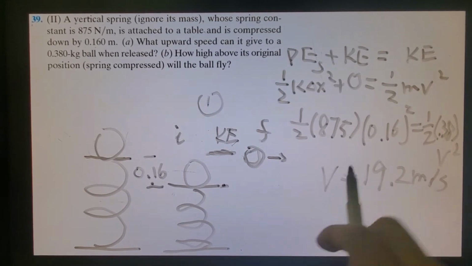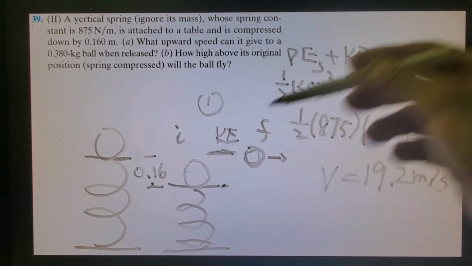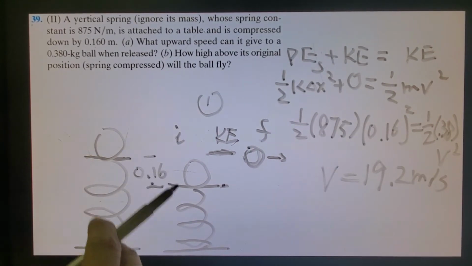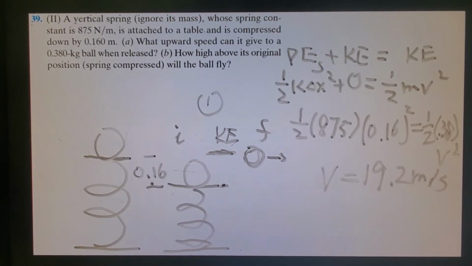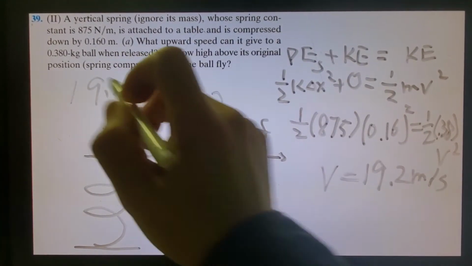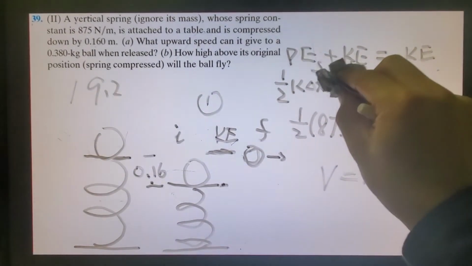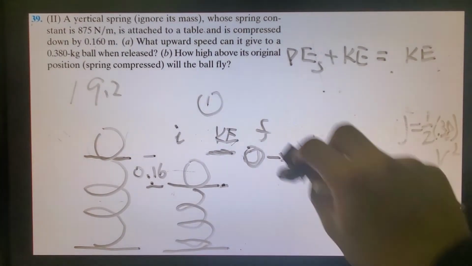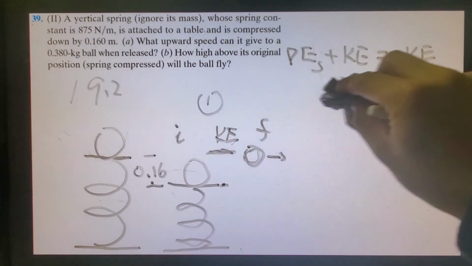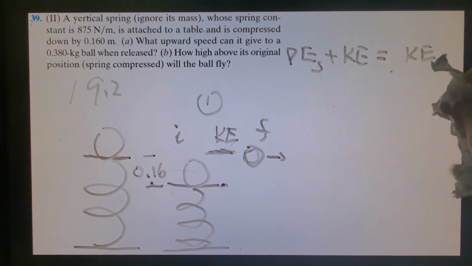So this way we are ignoring the potential energy of gravity. How do we include that? Sometimes it matters, sometimes it doesn't. For a very stiff spring it doesn't matter, because the change in potential energy of gravity due to the compression is negligible.